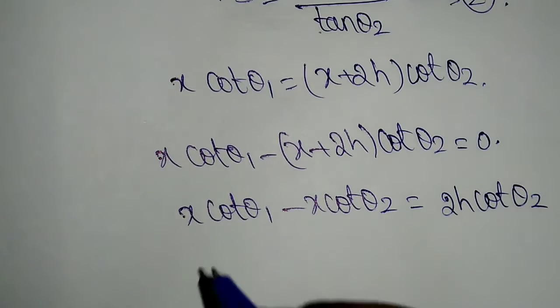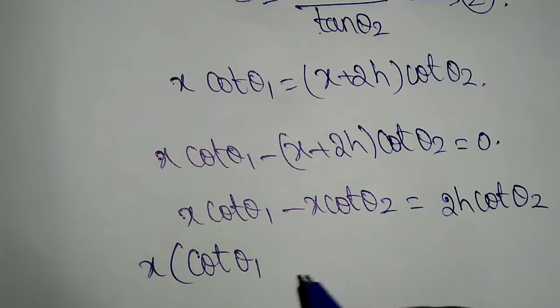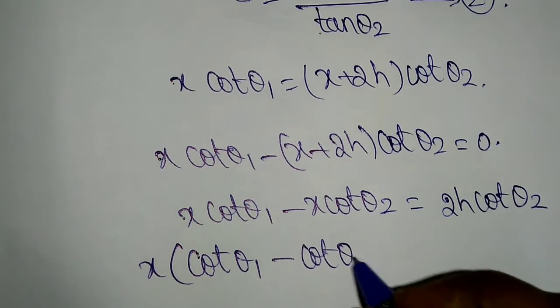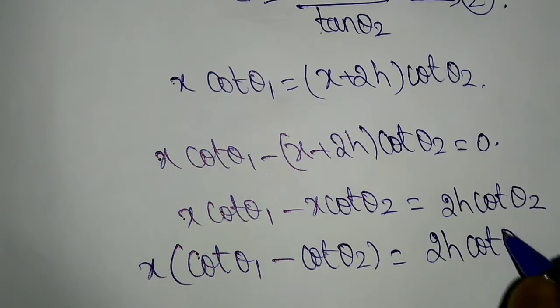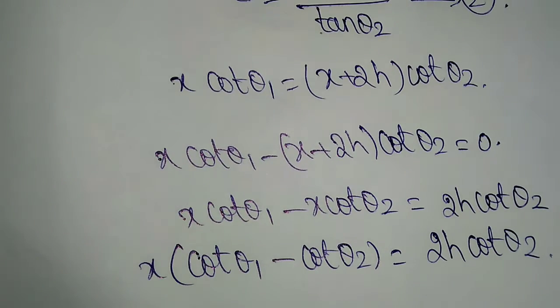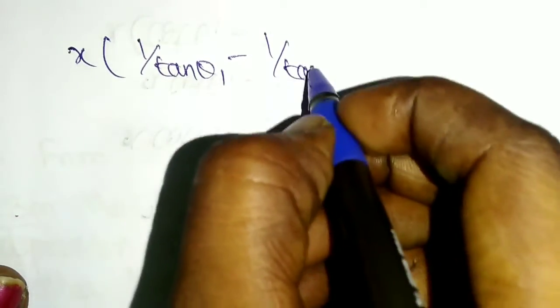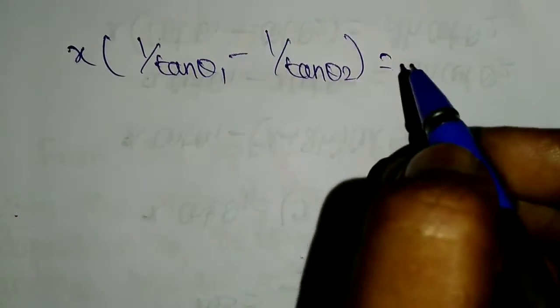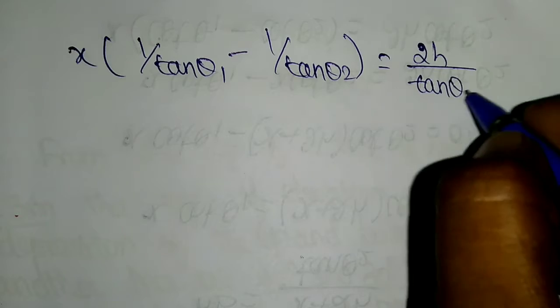Here X is common, so X into cot theta 1 minus cot theta 2 is equal to 2 into H cot theta 2. Cot theta is equal to 1 by tan theta. So X into 1 by tan theta 1 minus 1 by tan theta 2 is equal to 2H divided by tan theta 2.